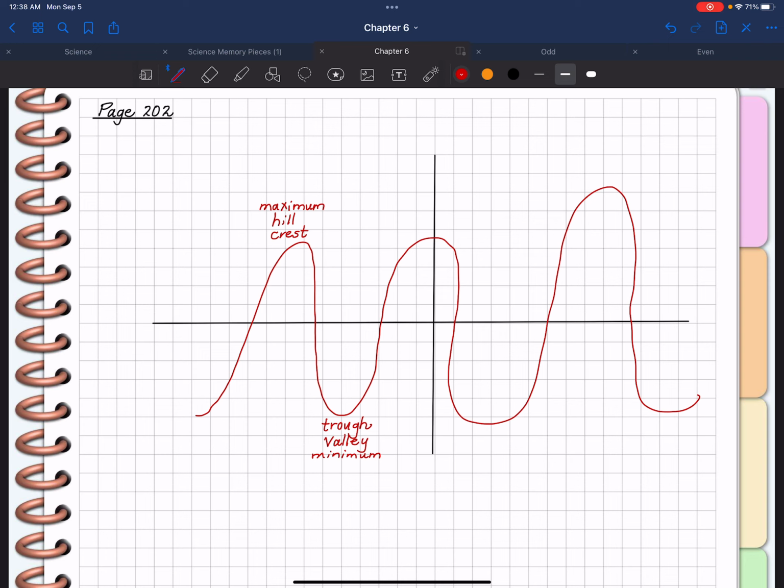So let's take a look at the relative minimums and maximums. So let me move this up. I need to actually put a point right here. And then let's move the troughs down here. Okay, so here at this point is a hill. It's a crest.